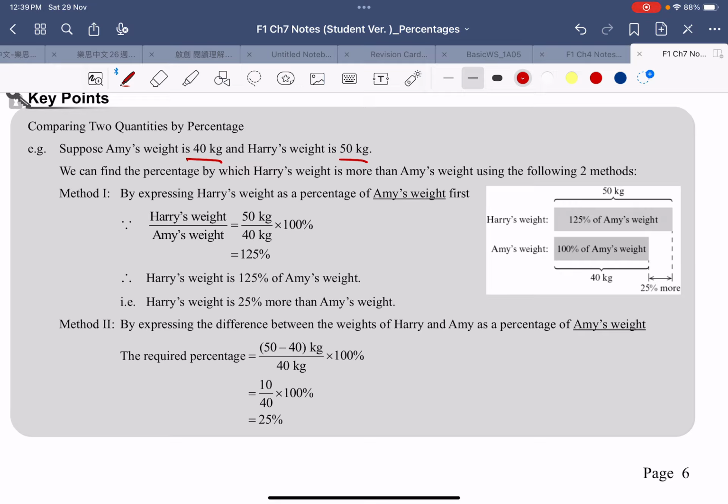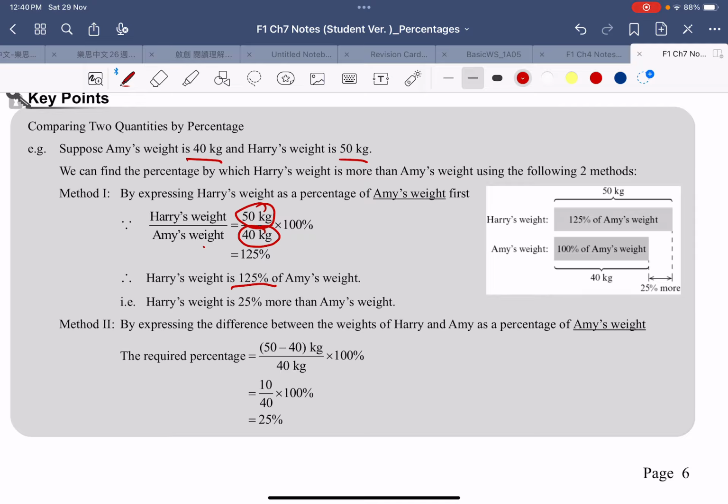Okay, compare these two numbers. Express Henry's weight as a percentage of Amy's weight. You put Henry's weight up and Amy's weight down, like this. Henry compared as a percentage of Amy's, so put Amy's down. And then Henry's weight is 125% of Amy's weight.